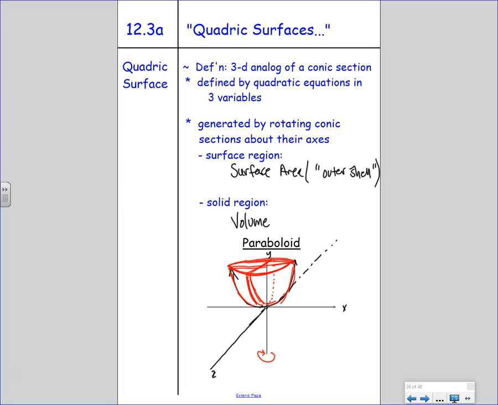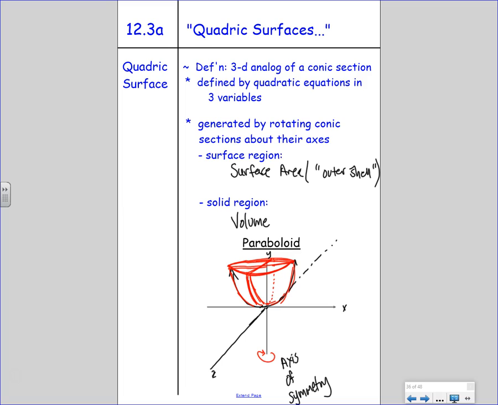It's not transverse, it's not major, but what's it called? For parabolas, the axis of symmetry. Yeah, the axis of symmetry. So, for this one, the axis of symmetry was the y-axis. Doesn't mean that we couldn't have spun it around the x, but for a paraboloid, you always spin the parabola around the axis of symmetry.